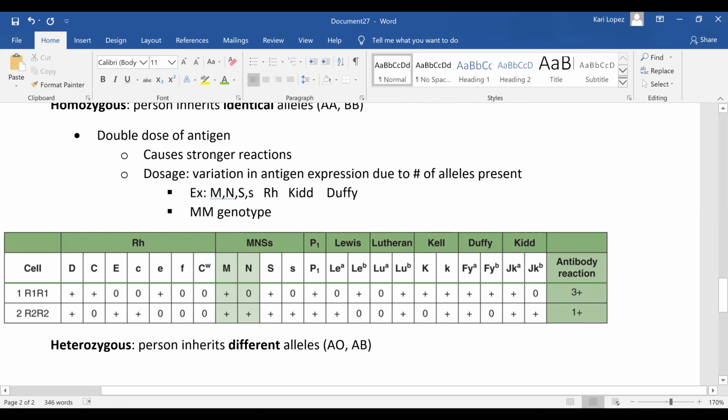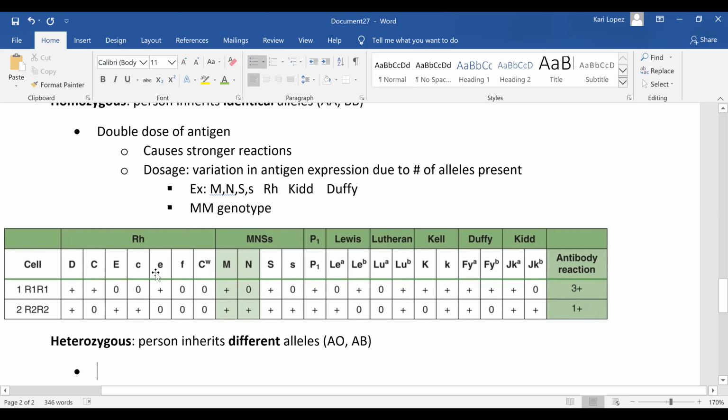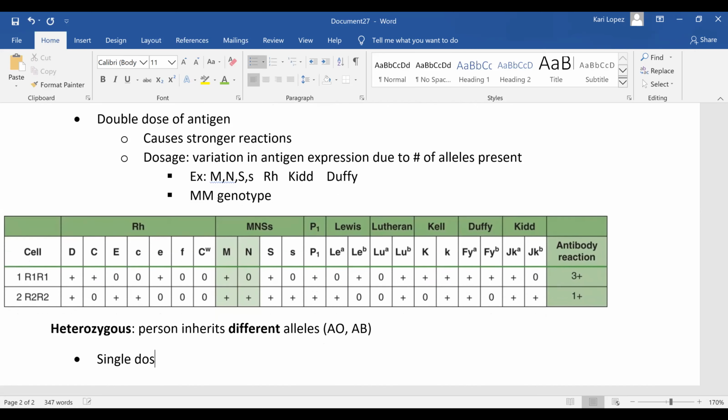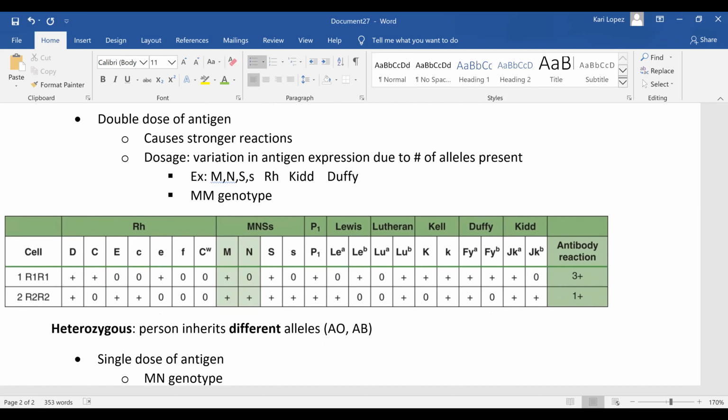And so in this case, it would be dose of antigen. And so in this instance, they would have MN genotype, yielding a 1+ reaction. And so up here, you'd have an MM genotype yielding a 3+ reaction.